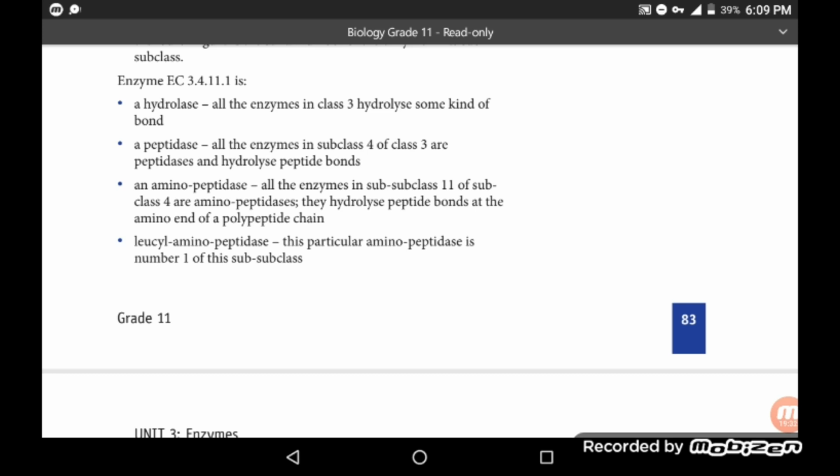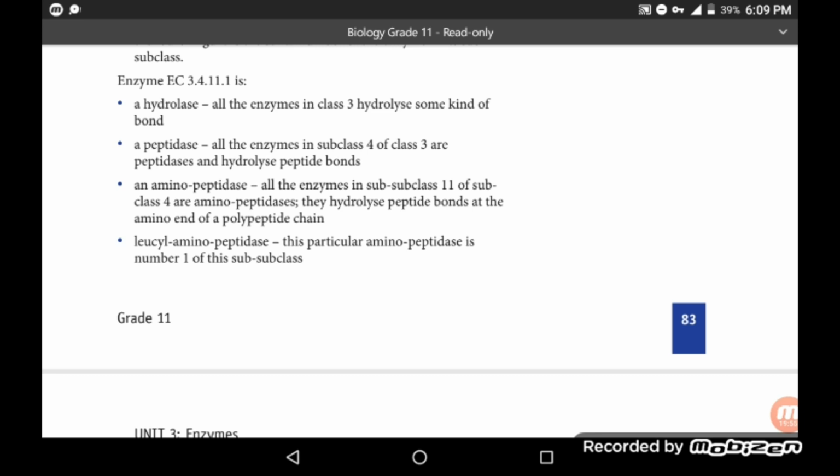All the enzymes in subclass 4 of class 3 are peptidases and hydrolyze peptide bonds.